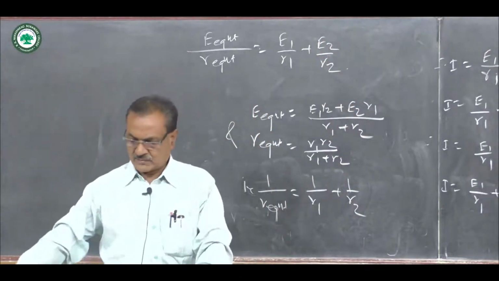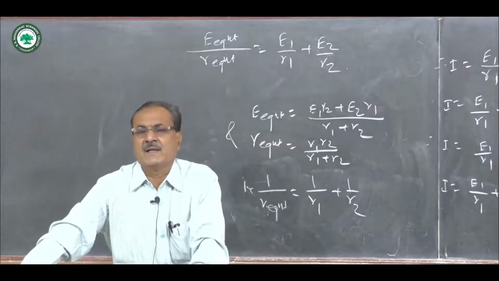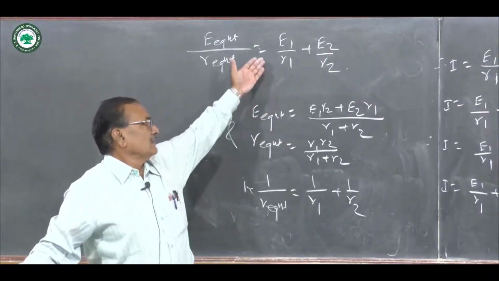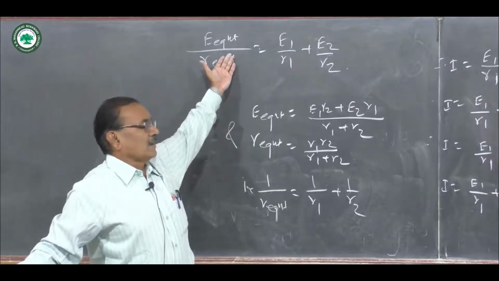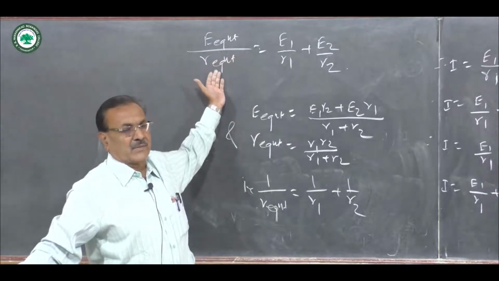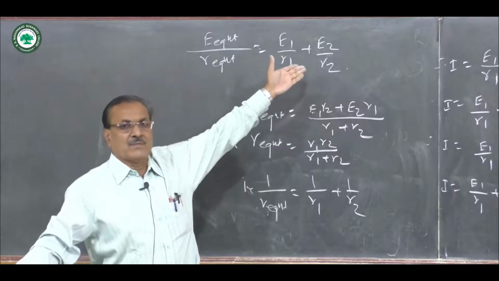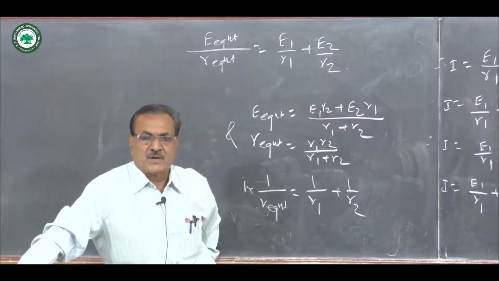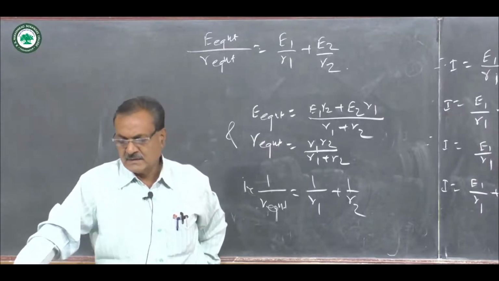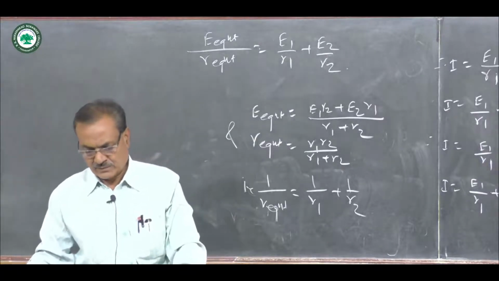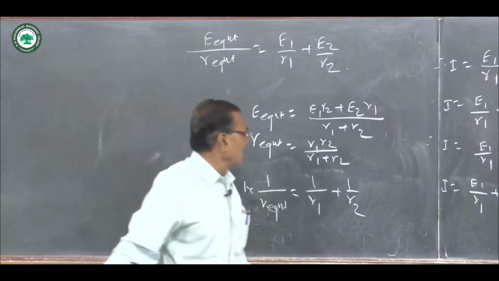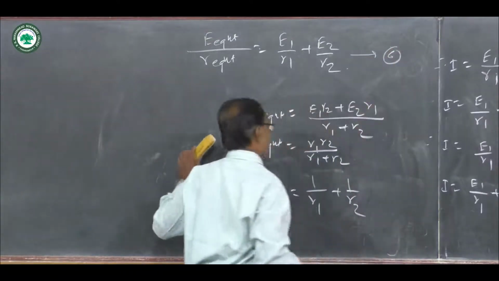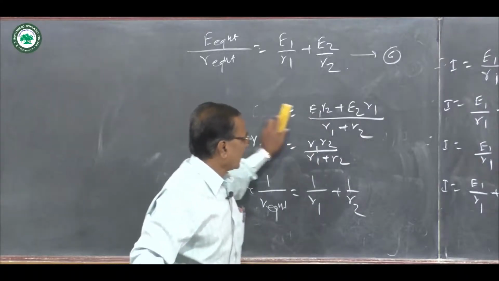Similarly, suppose other cells are connected in parallel, that is E3, E4, E5, then the ratio of E equivalent and R equivalent is E1 upon R1 plus E2 upon R2 plus E3 upon R3 plus E4 upon R4 plus so on. Suppose this is equation number 6.